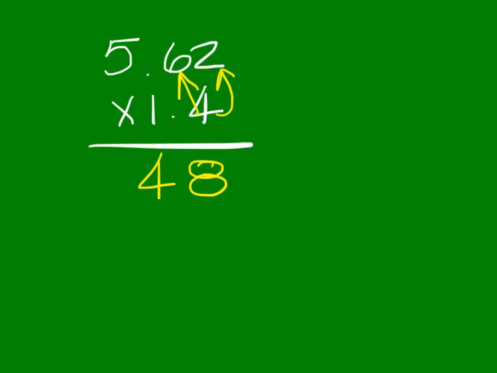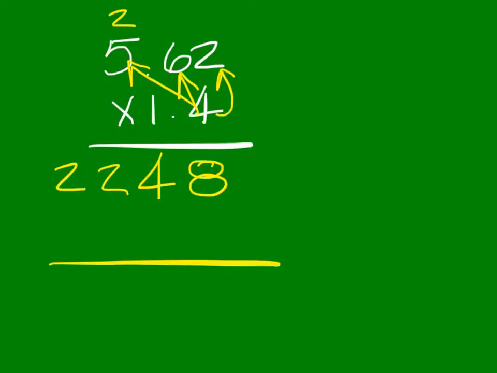The 4 from the 24 goes there, but what happens to the 2 from the 24? Above the 5, right. So now I have to do 4 times 5, which is 20, but what do I do with that 2? Add it, yes. So 4 times 5 is 20, plus 2 is 22.